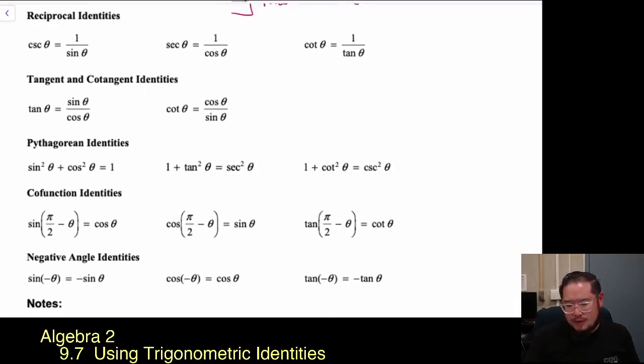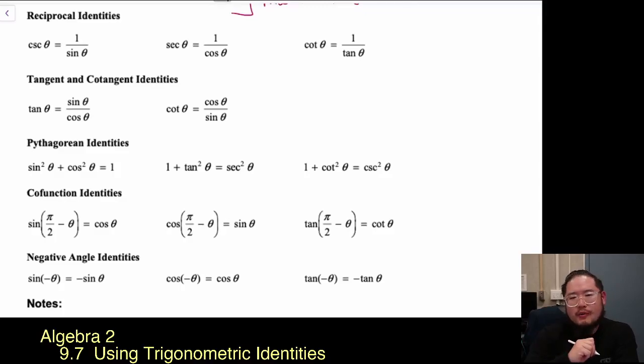Now, with all 3 of these, if you needed to, you might have to solve for a particular trig function. So, for example, with sine squared theta, I can rewrite this equation. Let's say I know what sine squared is, or maybe the equation has something like 1 minus cosine squared theta.